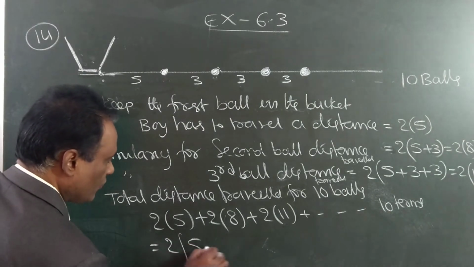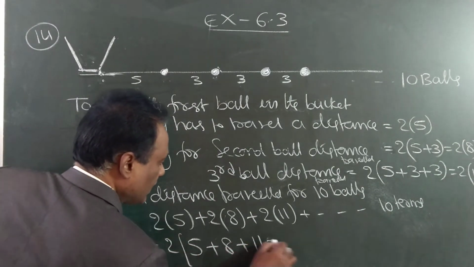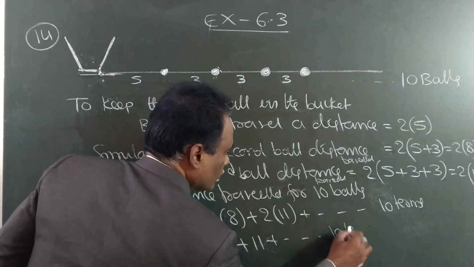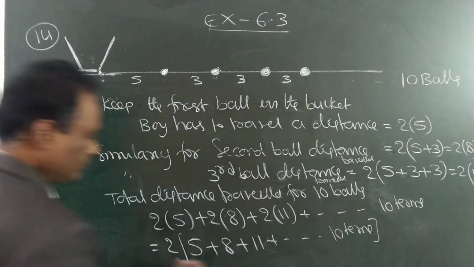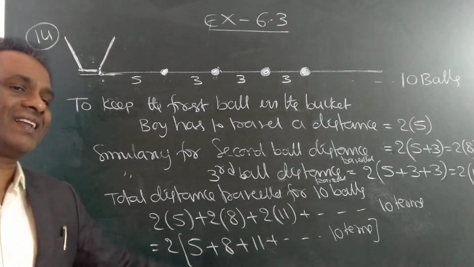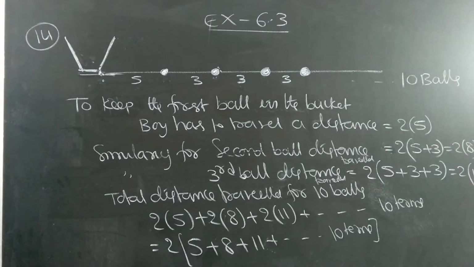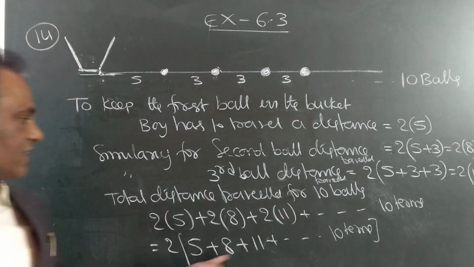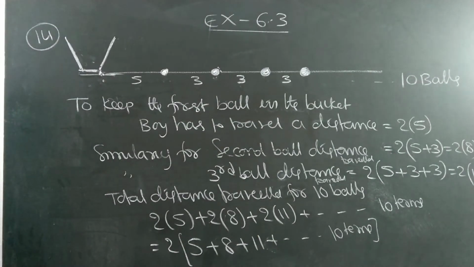Take 2 common: 5 plus 8 plus 11 plus so on, 10 terms. Take 2 common, because 2 is there everywhere. Find this sum and multiply with 2.